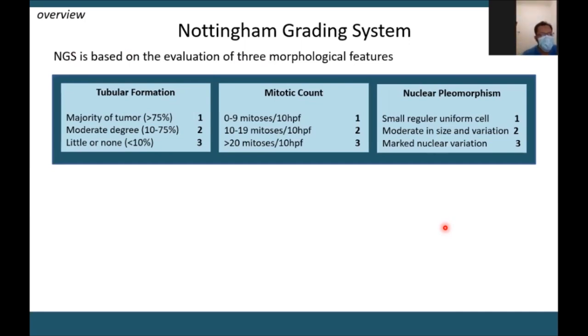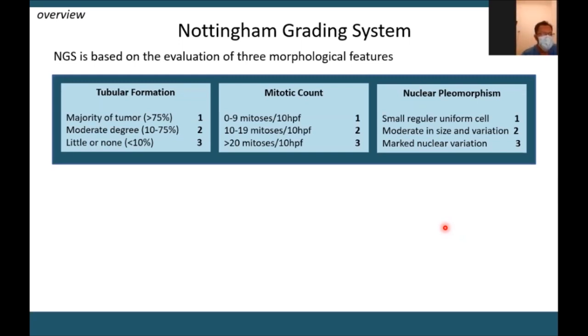Mitotic count is activity, how much the tumor cells are dividing or proliferating. And nuclear pleomorphism is the nuclear feature. It describes the degree of pleomorphism, or how ugly the tumor cells look.